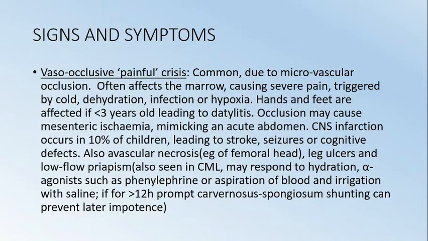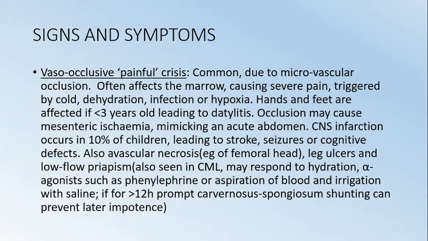This is very serious. This can even lead to impotence, but it may respond to hydration, alpha agonists such as phenylephrine, or even aspiration of the blood and irrigation with saline.